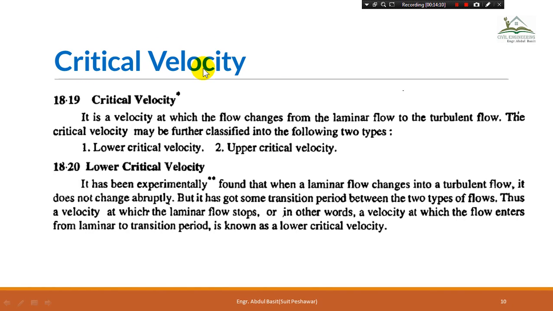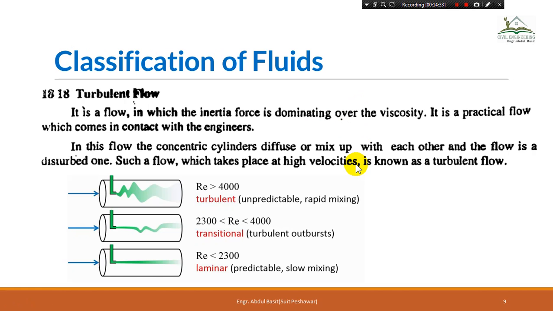Then coming towards critical velocity. Critical velocity is the same type of term as laminar and turbulent flow. How can we define it? It is the velocity at which the flow changes from laminar flow to turbulent flow. So you can say the velocity at this transition zone, whenever the laminar flow is changing to the turbulent flow, there will be a transition zone in between where you cannot classify the flow as either turbulent flow or laminar flow.